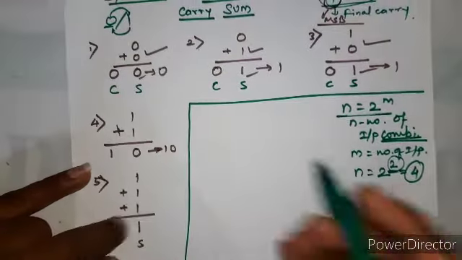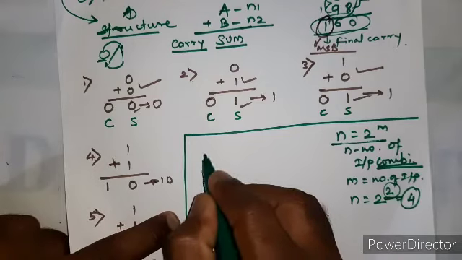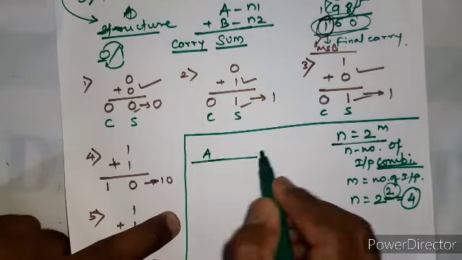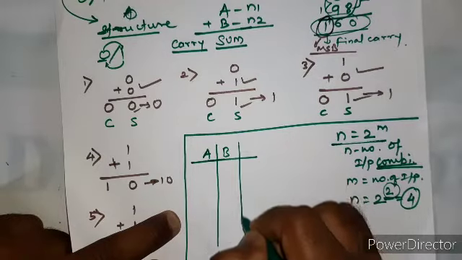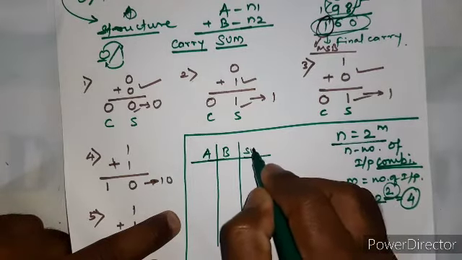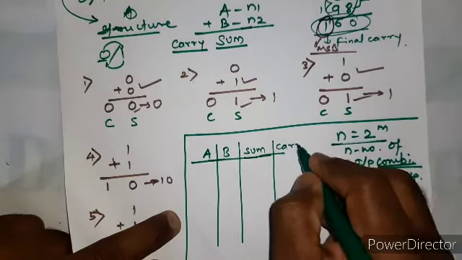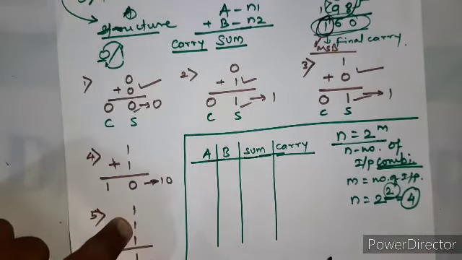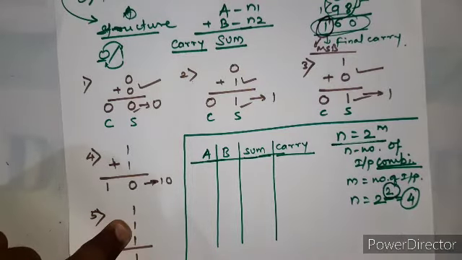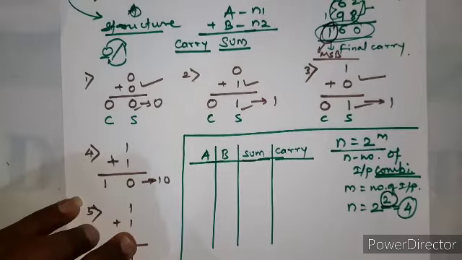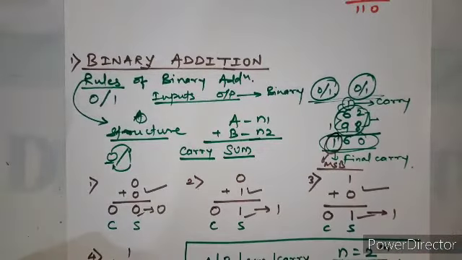Okay, let us see this with the help of table. So here we have this A, first number, then this is B, second number, this is sum, right? And this is carry, right? So how many numbers we have? 2 numbers or 2 inputs. And if you remember, we have seen everything is in the form of zeros and ones.